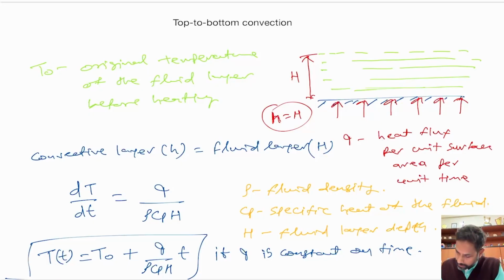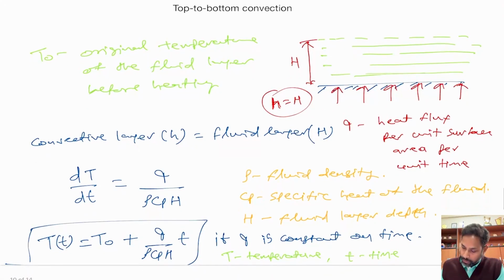All right, I think I need to just be very specific here. So capital T is the temperature and small t is the time. Okay, and this time is measured from the time when we start heating it. All right, so this is top to bottom convection.